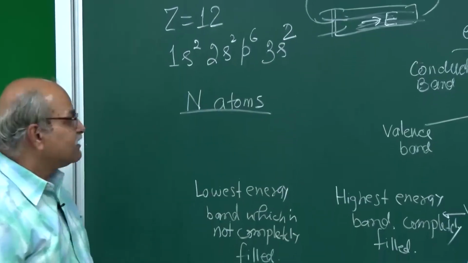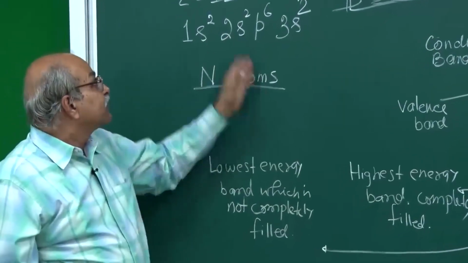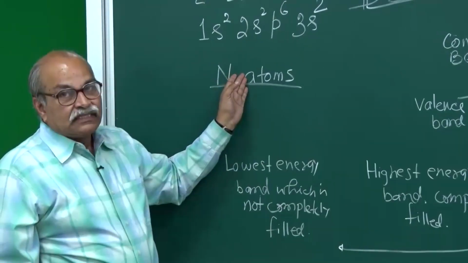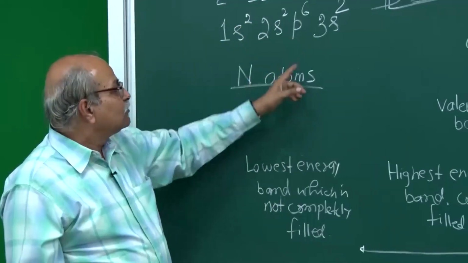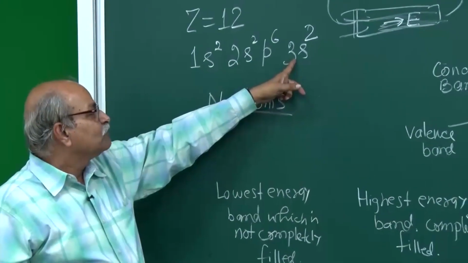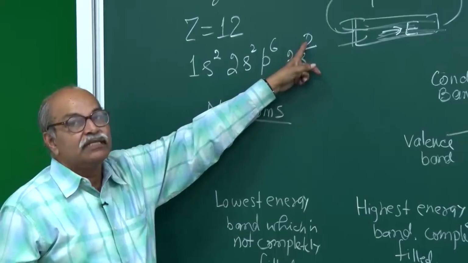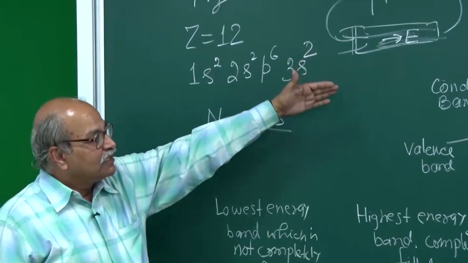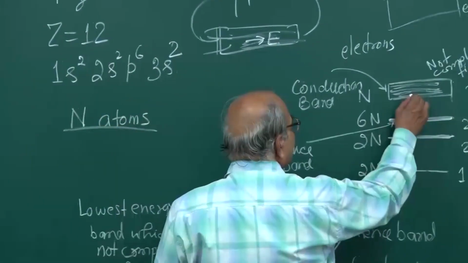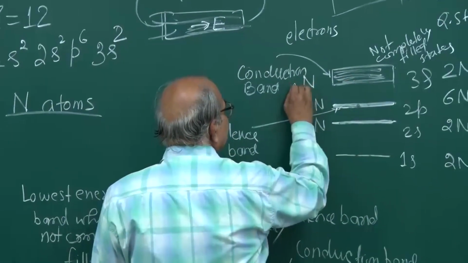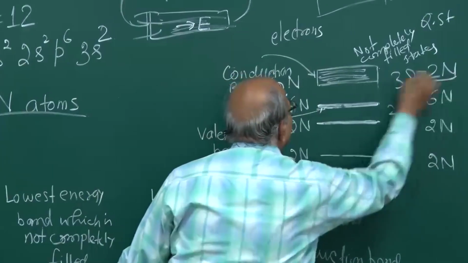And suppose I have n atoms of magnesium. So what will happen? You have those bands, and now for 3s, for each atom you have 2 electrons. That means after this splitting, this also has now 2n electrons and 2n quantum states.